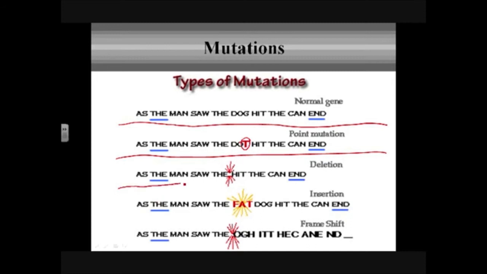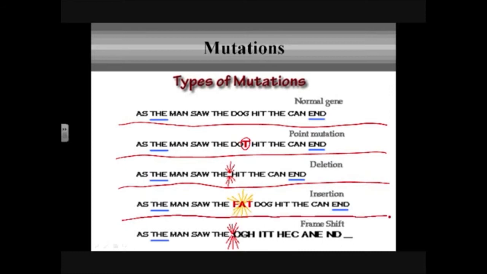Versus a deletion mutation. In the case of the deletion mutation, we've deleted the entire word dog, or dot, however you want to look at it, the whole word dog, so it's: as the man saw the hit the can end. We're missing that whole portion right there. An insertion: as the man saw the fat dog hit the can end. All right, so we have something inserted, extra genetic information. And then a frame shift: as the man saw the, oh, we have a deletion.